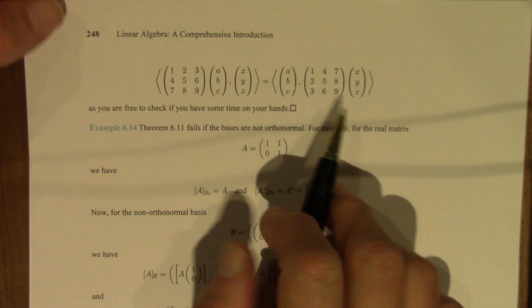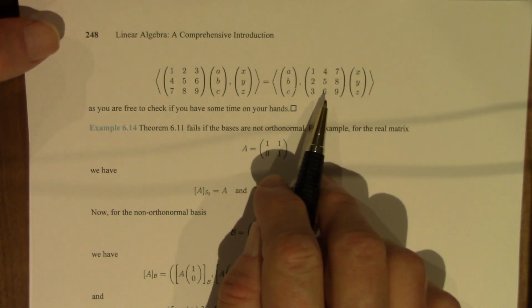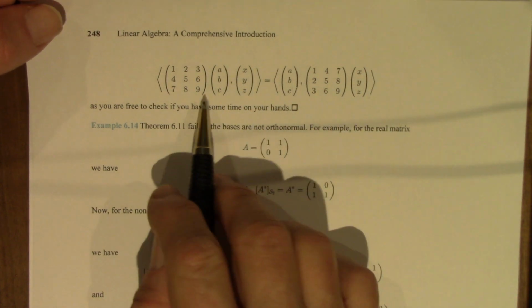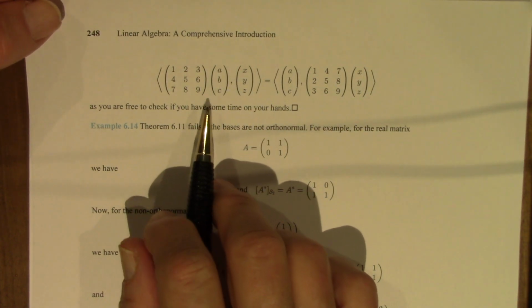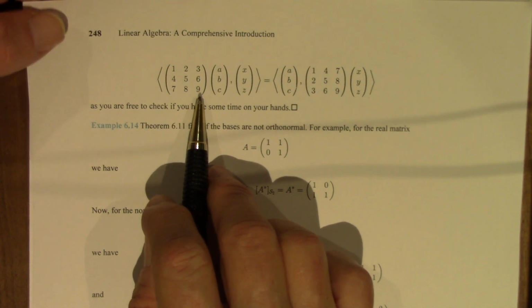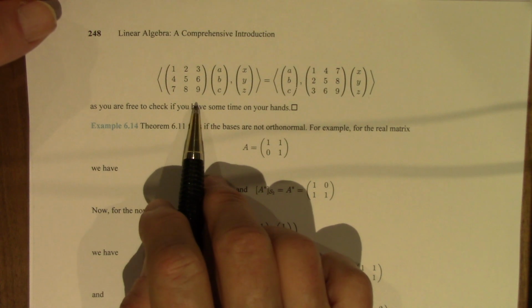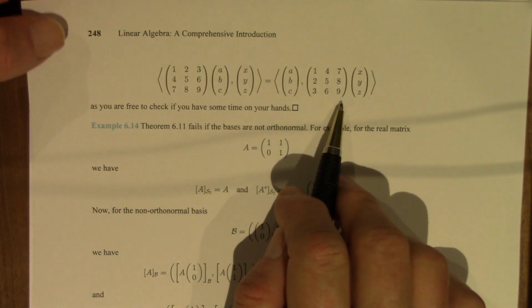We get this. And you can check this directly if you've got spare time. Okay. Imagine how this would look if the matrices were 1,000 by 1,000. You would be disinclined to check it manually.